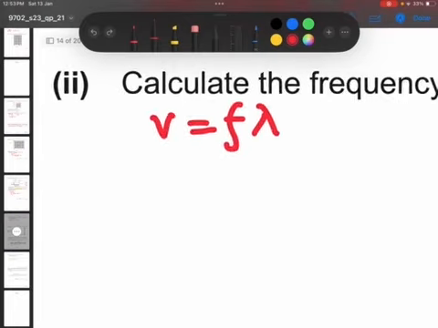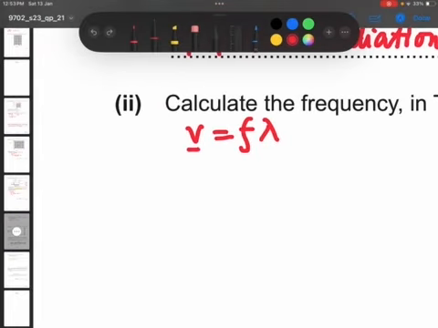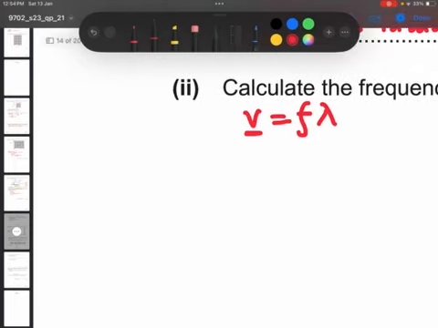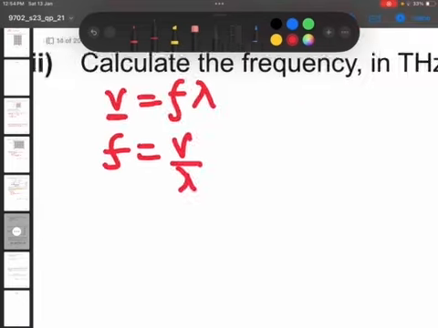So the question is, what is the speed? Since it's an electromagnetic wave, the speed is the speed of light. We have wavelength, so frequency is easy to find. Frequency is equal to speed of the wave over wavelength.